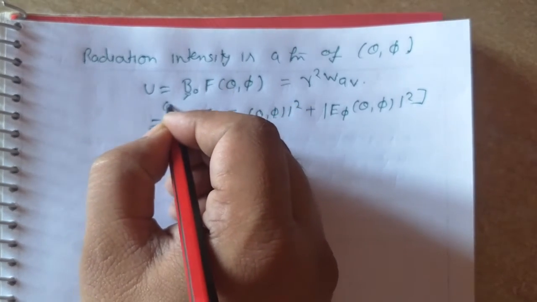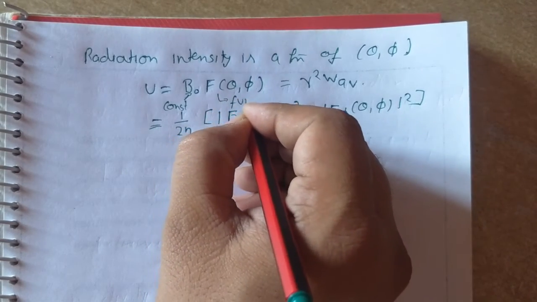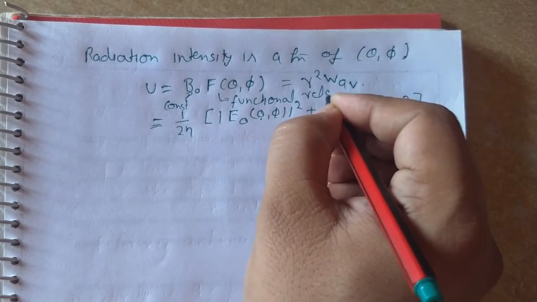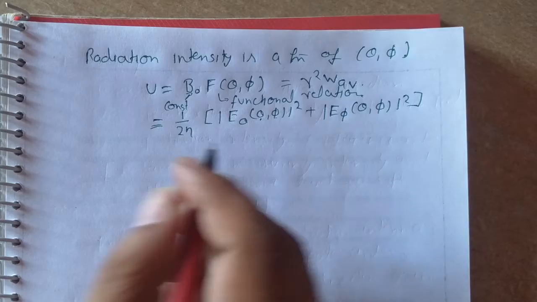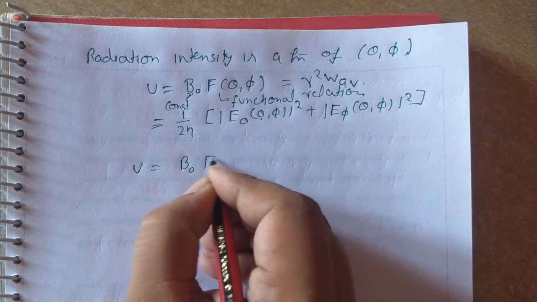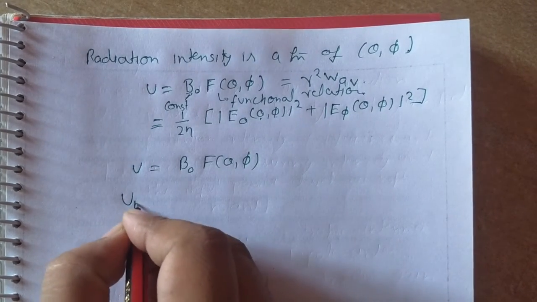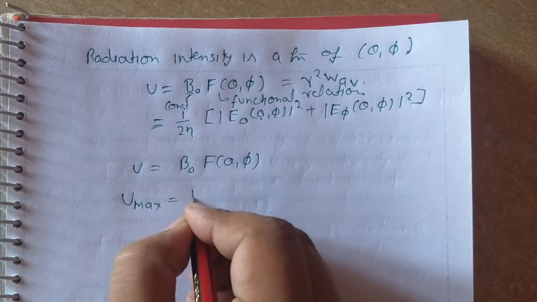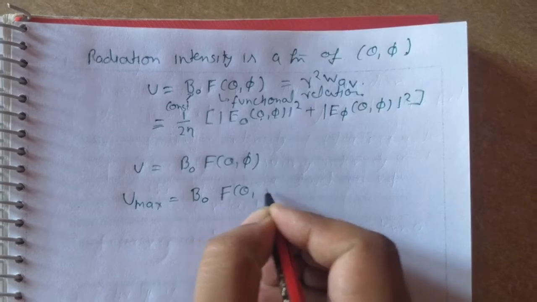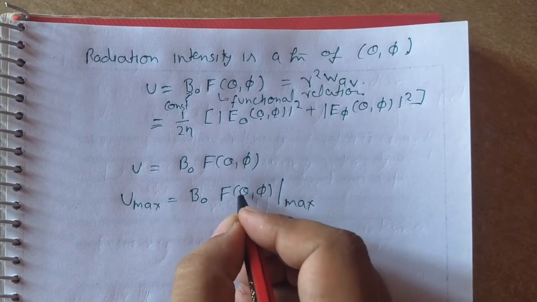So U equal to B naught f(theta, phi). So U maximum will be equal to B naught, which is a constant so it will remain as it is, and f(theta, phi) will be maximum for U max.